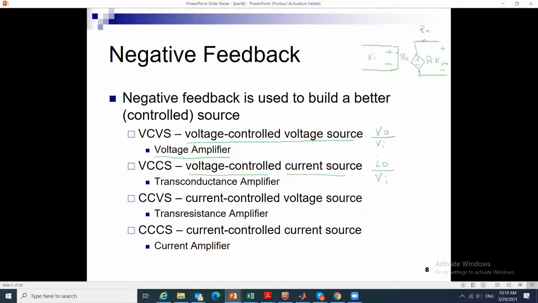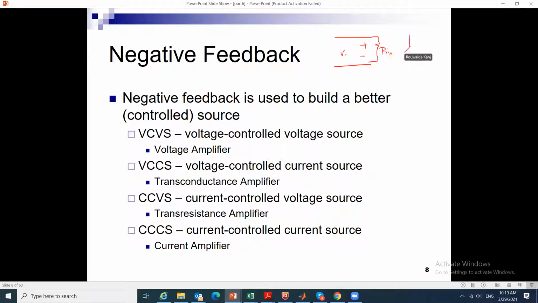So for this type of amplifier, I will have Vn here, maybe with an input resistance Rn, and the output is Gm times Vn, which I will feed to the load, but I will have an output resistance. Let me clear it to draw it better.